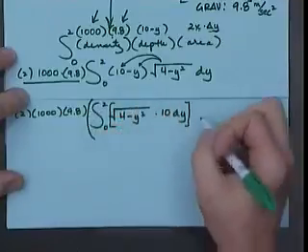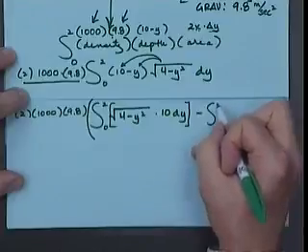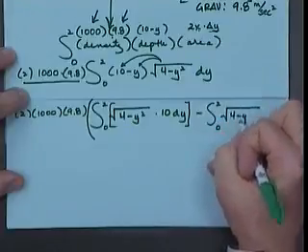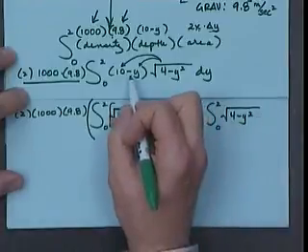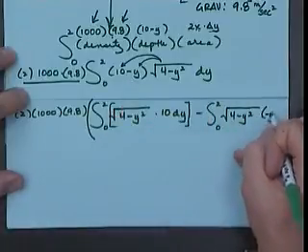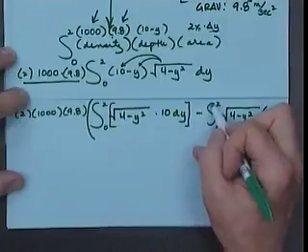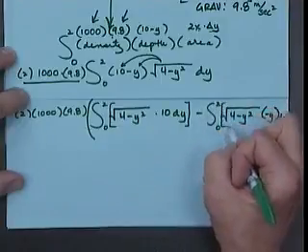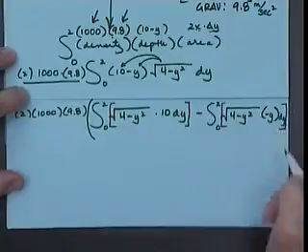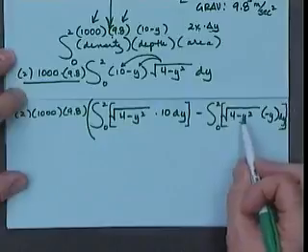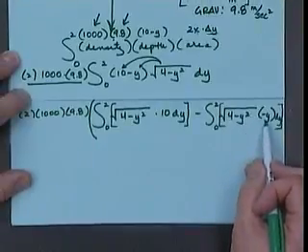Go ahead and do this. And then we've got that times minus y. Here's our substitution piece. I think the choice of u, let u equal 4 minus y squared, that's going to work here, right?